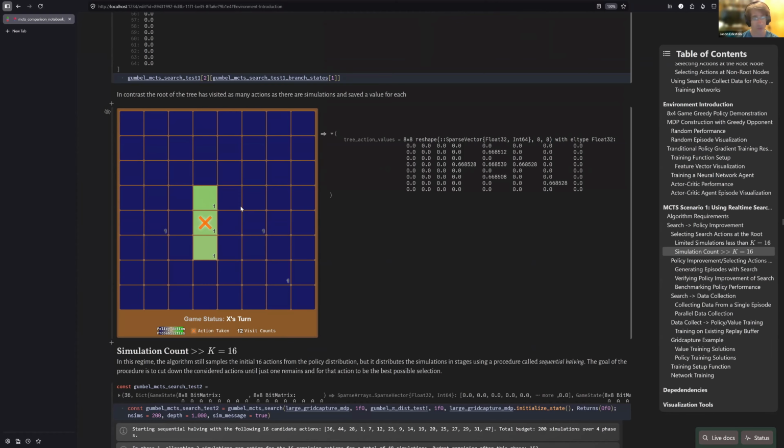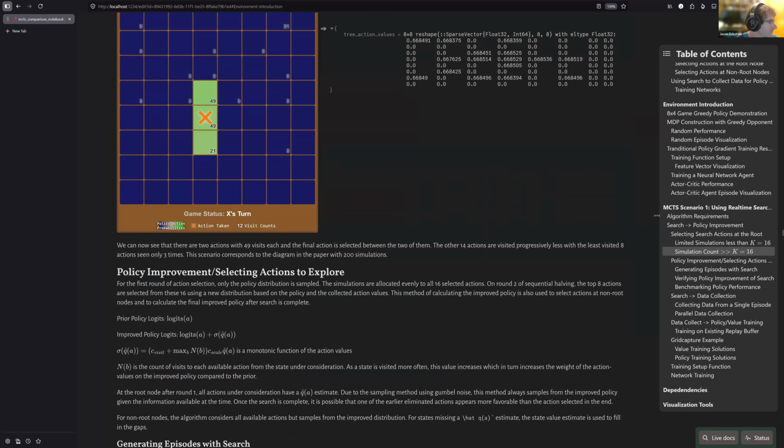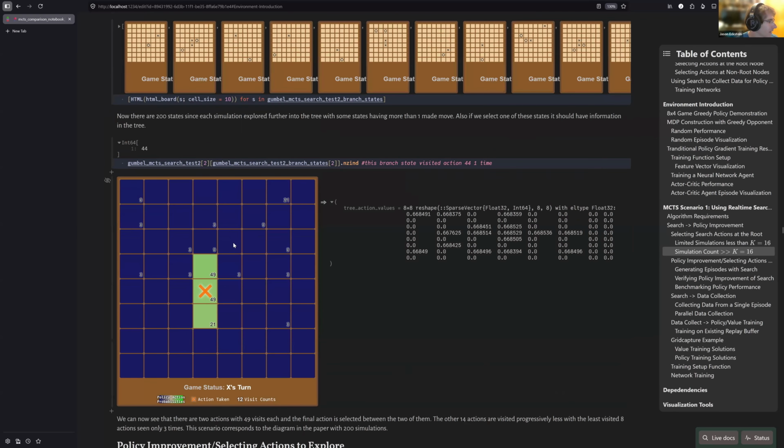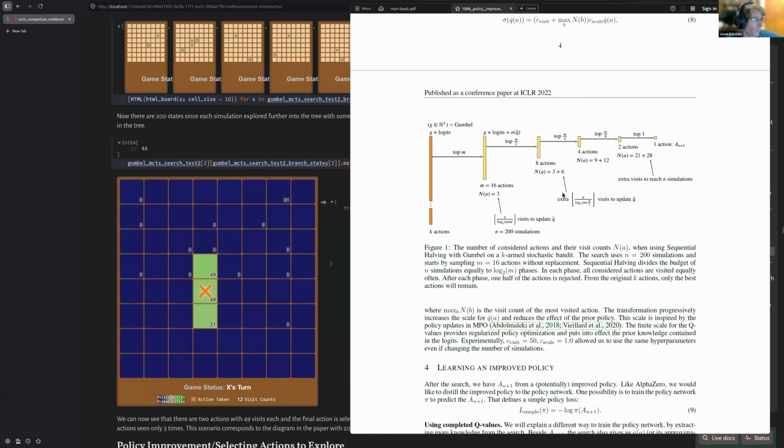If we're in this limited regime, we just spread the simulations across however many actions we have available. Here, as we get more information from the tree, we allocate more and more simulations to the actions that we think are going to end up being the best in the improved policy.